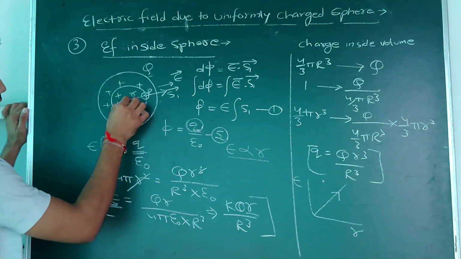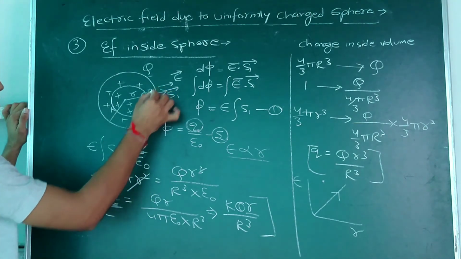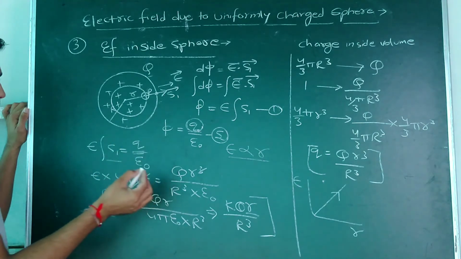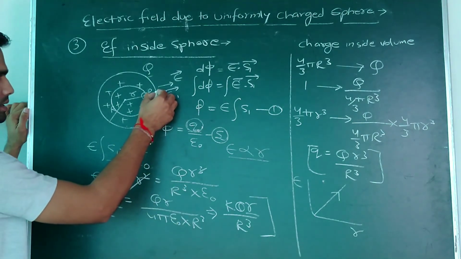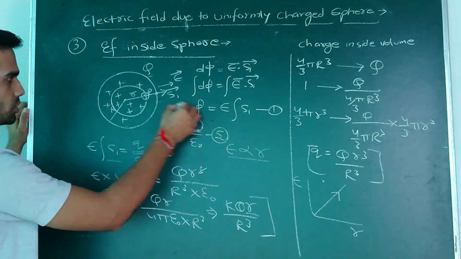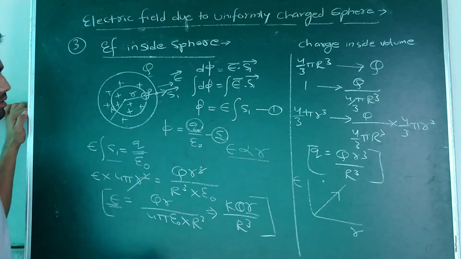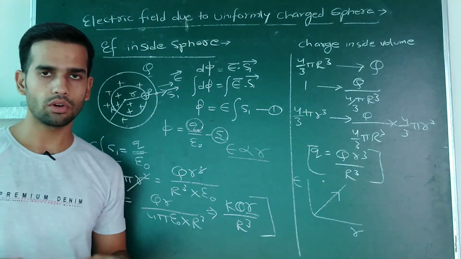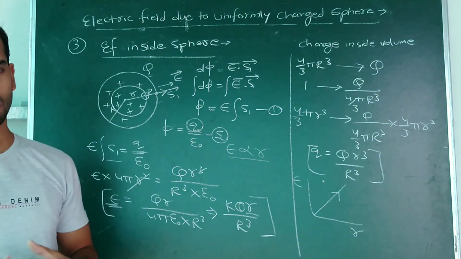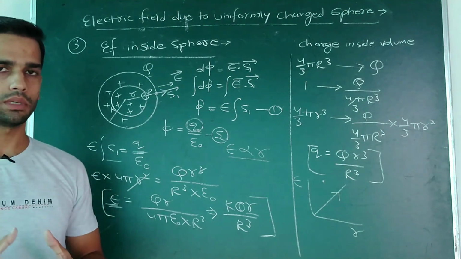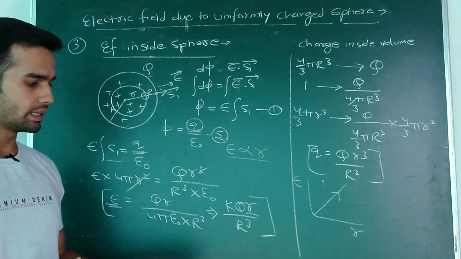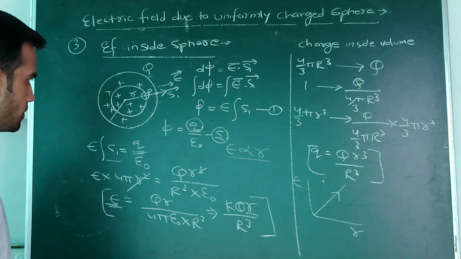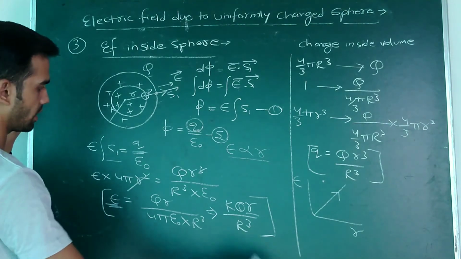When you reach the surface, the electric field becomes maximum, and after the surface, if you increase your distance, then the electric field decreases. So if you want to summarize all these three cases of electric field due to a uniformly charged non-conducting sphere, then we can draw a graph here.